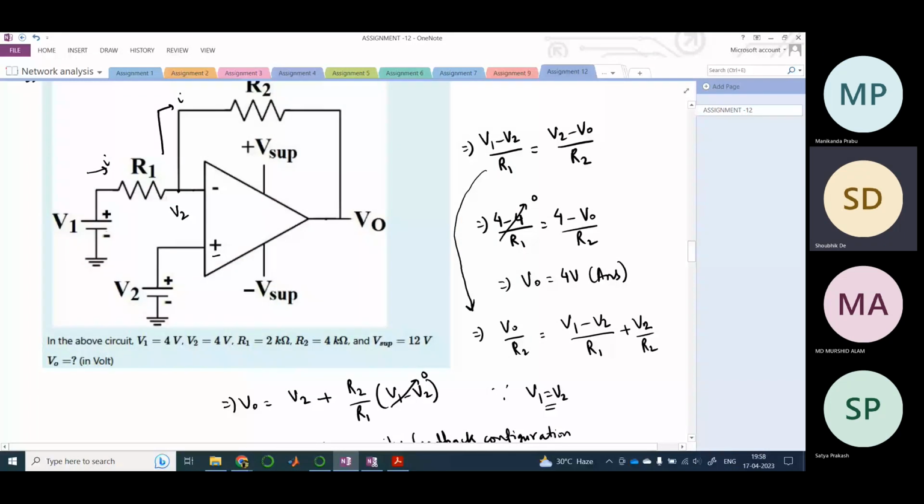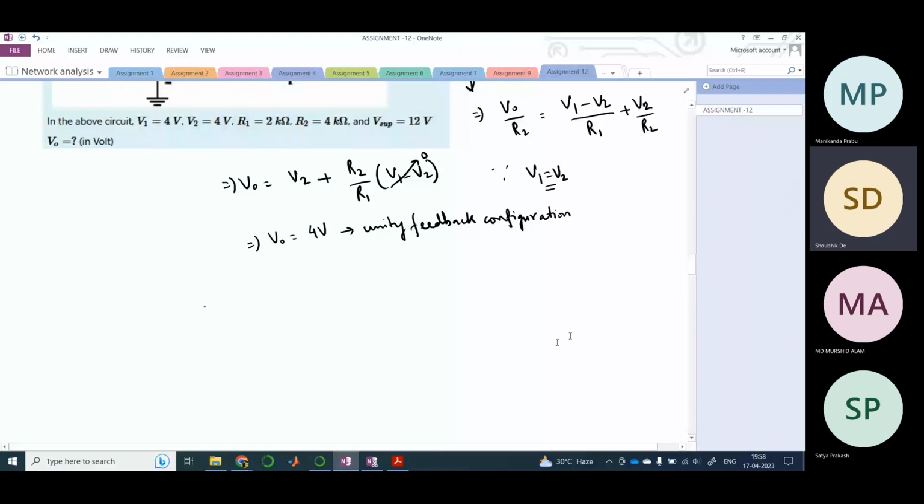We can also draw a unity feedback in this way instead of using all these resistances. Suppose we have the op amp like this. This is the non-inverting input, this is the inverting input, and this is the output. Now we directly take the output and apply it to the inverting terminal without any resistance.